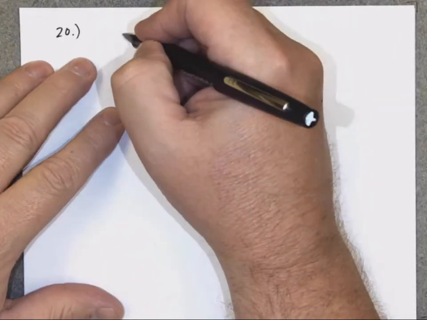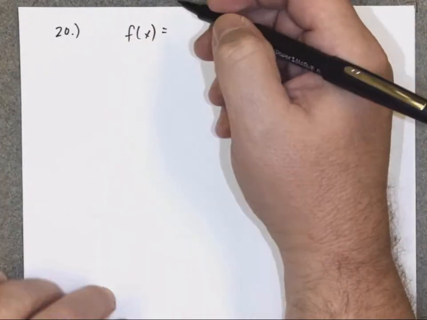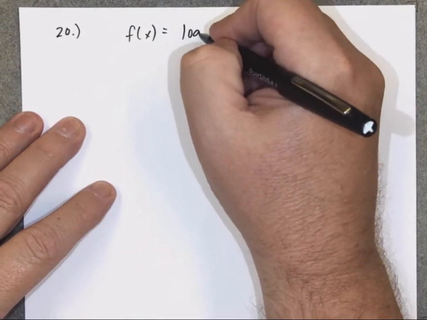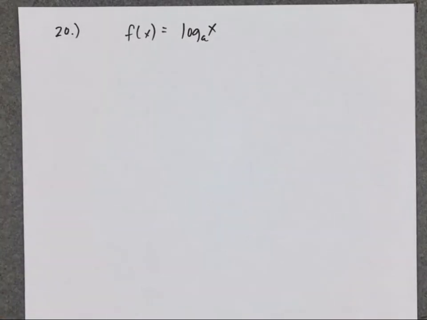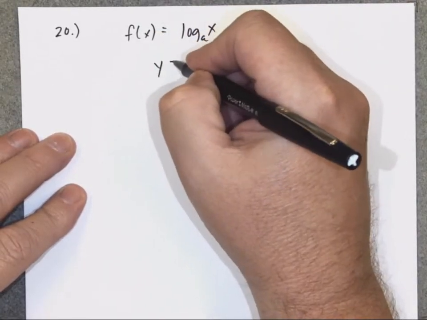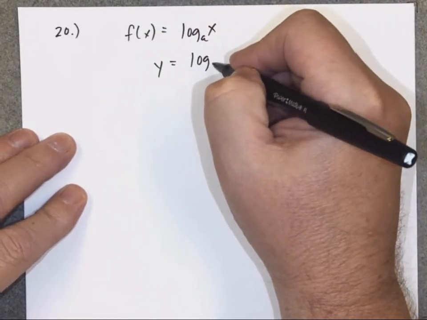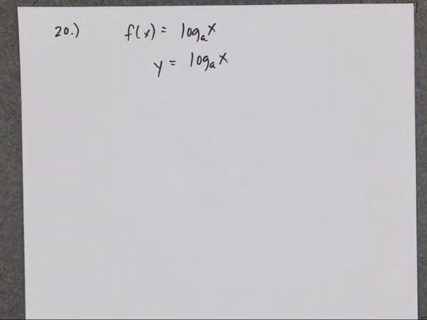20 says find A so that the graph of f of x equals log base A of x contains the point 15,2. So basically, they're giving us a function, and it's a log function. So they say f of x equals log base A of x. And right away, I'm going to change f of x to y, just because usually it makes more sense to me.